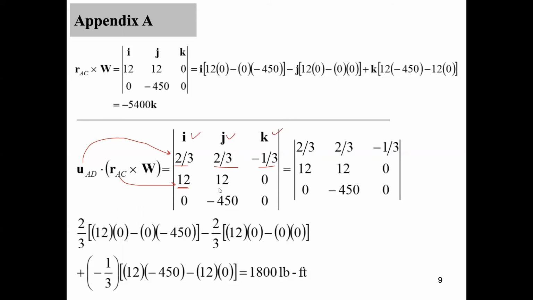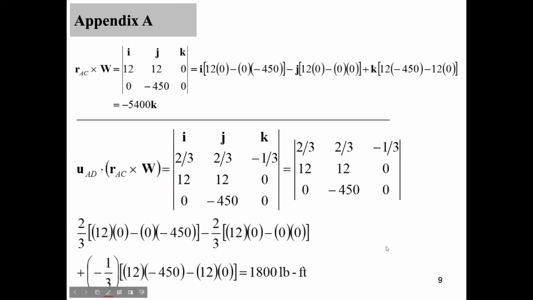We have 12 in I, 12 in J, and 0 in K. The fourth row is the components of vector W. We have 0 in I, negative 450 in J, and 0 in K. Since scalar triple product produces scalar quantities, the first row I, J, K can be eliminated, and the result will be a reduced matrix determinant.